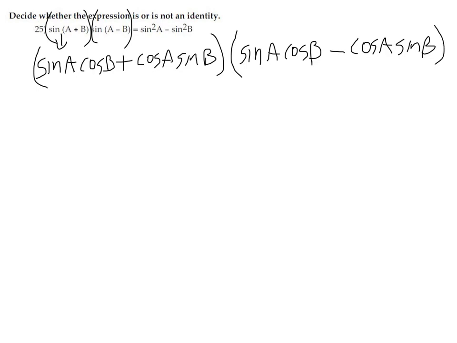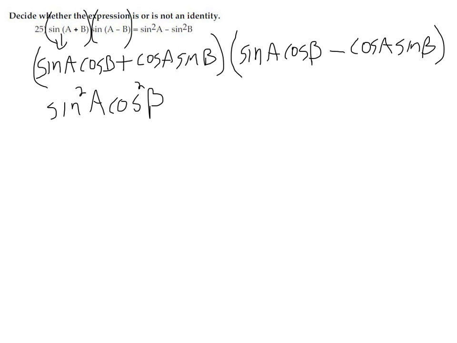All right, this looks like a big mess. We're going to FOIL this because that's what you do with two binomials. We have two terms here and two terms here, so first, outer, inner, last, and here we go. First, I would get sine squared A cosine squared B. Now we're saved a little bit on this. I believe we have conjugates, so the inner and outer products will cancel, but let me demonstrate them.